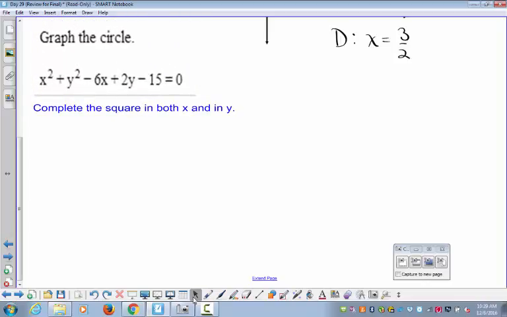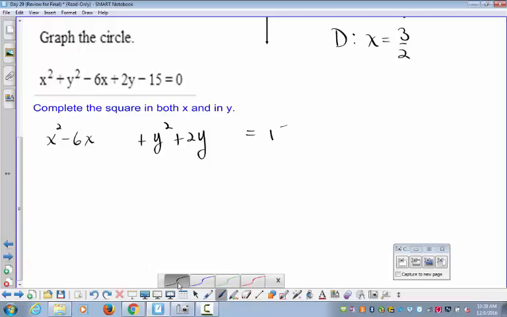So, a circle, which is basically an ellipse with no eccentricity. We have to complete the square of both x and y, and this one's actually not too complicated because the coefficients of both x squared and y squared are 1, so this one should be a breeze.